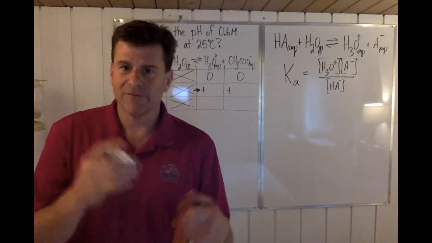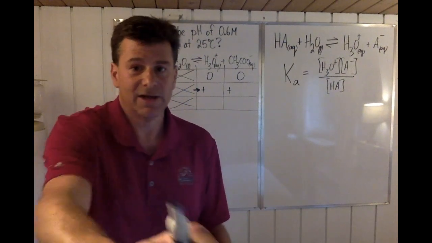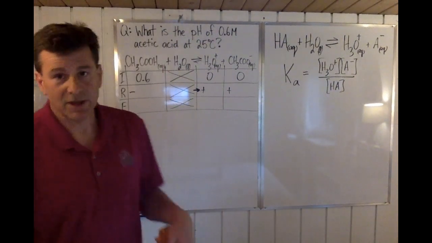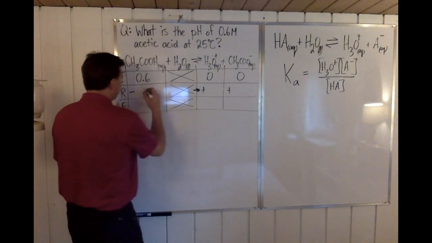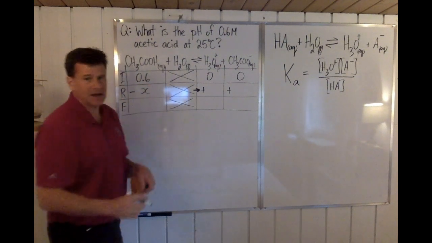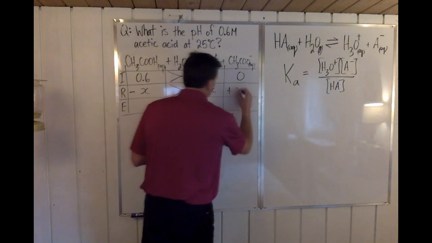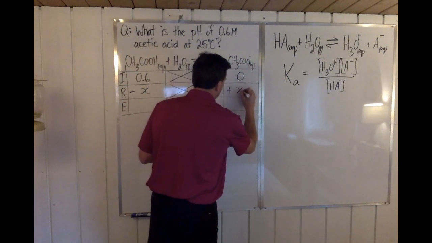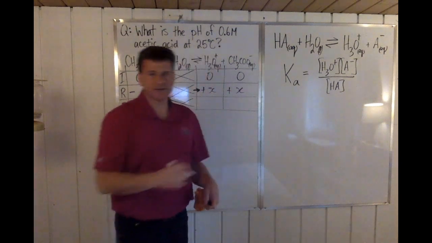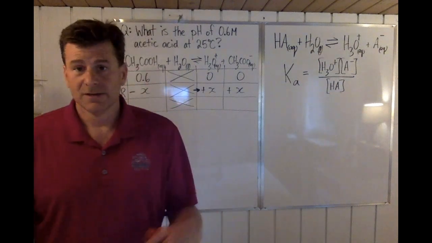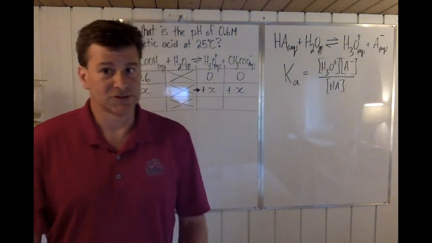So whatever you label as your variable, that's going to be the same thing for everything. So if the concentration of the acetic acid goes down x, this guy goes up x, and this guy goes up x. x, and x. Super easy.